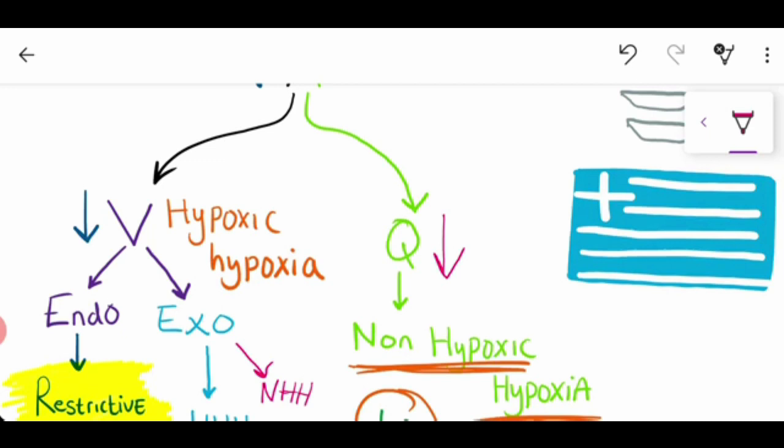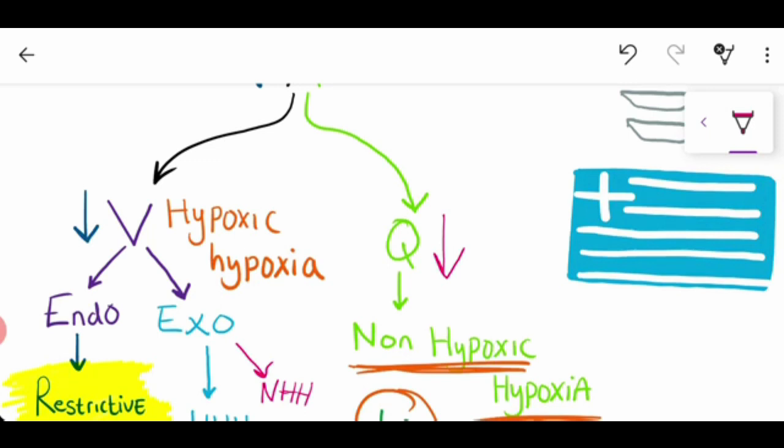However, hypoxic hypoxia is basically a deficiency in the partial pressure of oxygen, and this reduction is the cause of why you have hypoxia. You are breathing in a gas mixture which has a reduction in the partial pressure of oxygen.